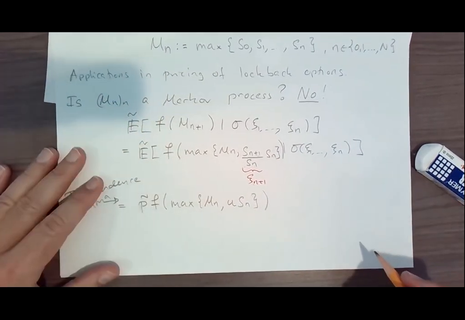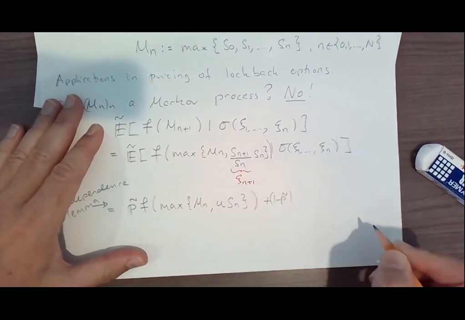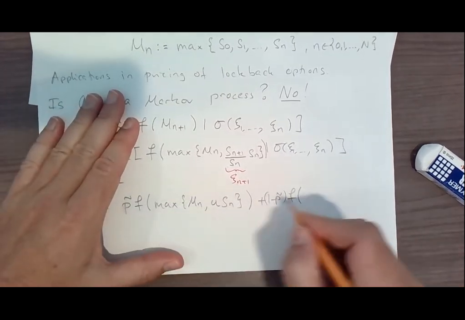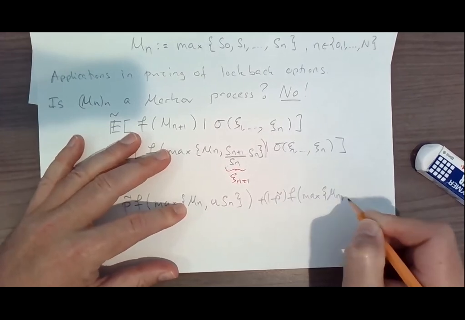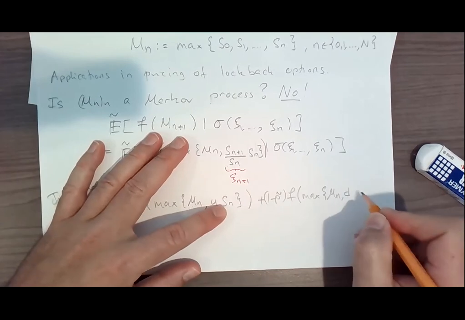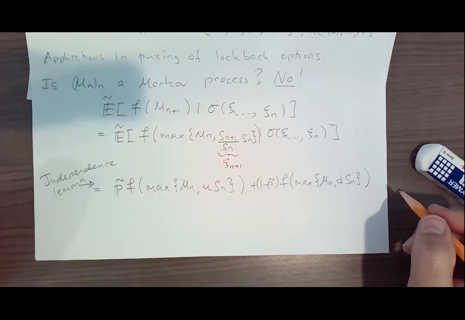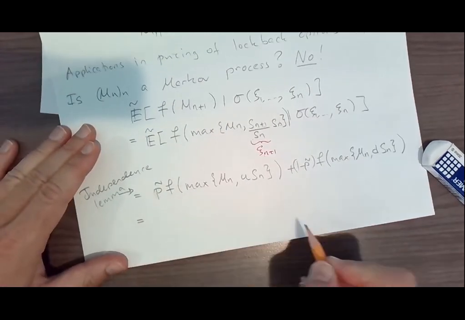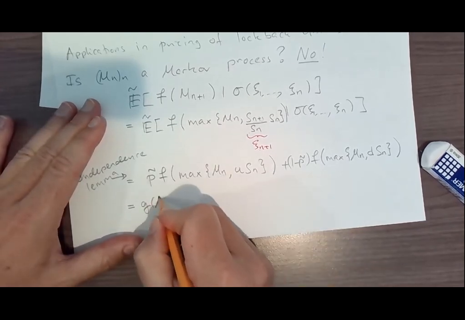That was the first part. And then plus 1 minus p tilde, and then my f applied to the maximum mn. And then instead of u, now it's d times Sn. And for this to be Markovian, I have to be able to write this as a function g of mn.